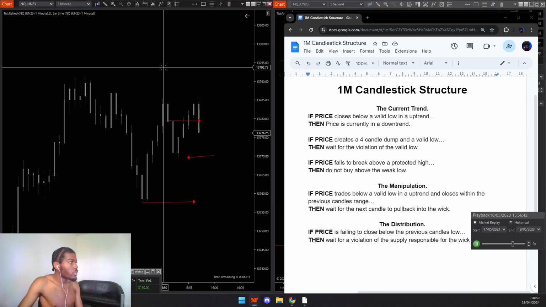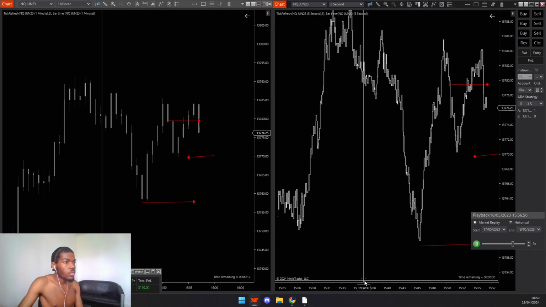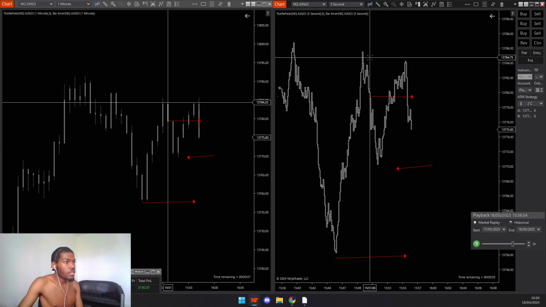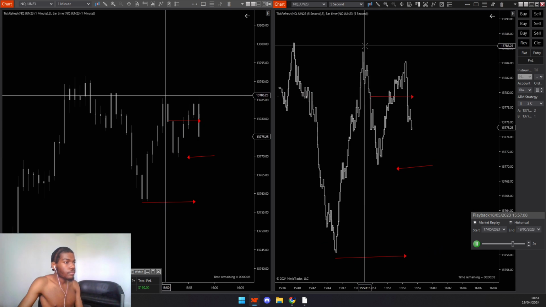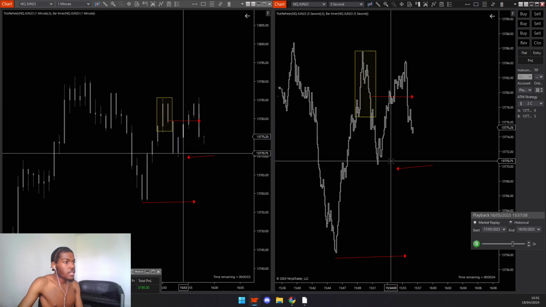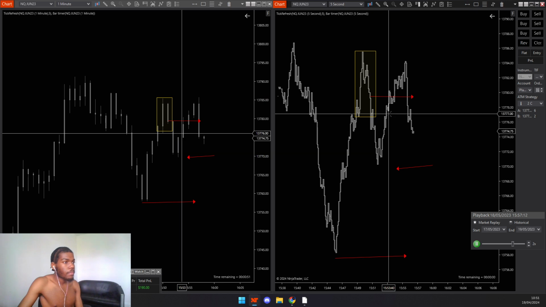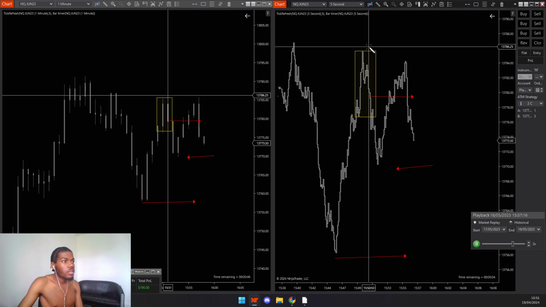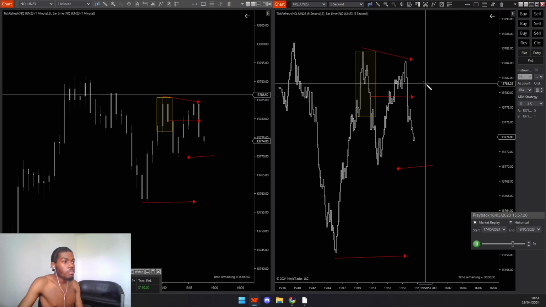Now, granted, on the 1 minute time frame, it's a valid high. However, on a lower time frame, this is protected. This is a valid swing, a higher time frame swing. Not only that, equal highs take out both lows.